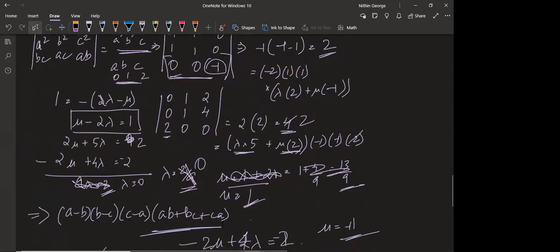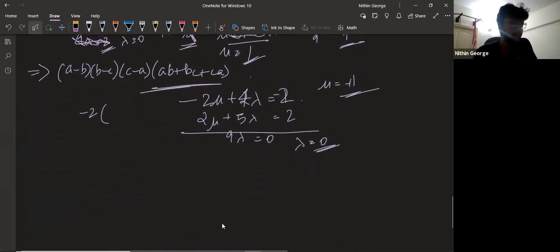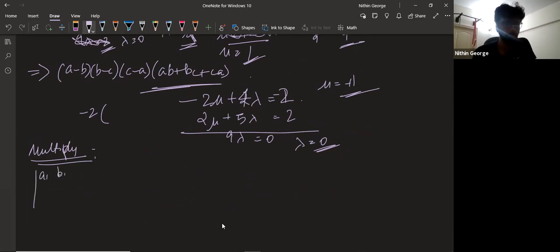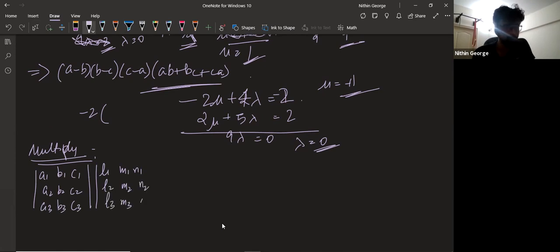Okay. Now, let's multiply two determinants. A1, B1, C1, A2, B2, C2, A3, B3, C3, and L1, M1, N1, L2, M2, N2, L3, M3, N3.